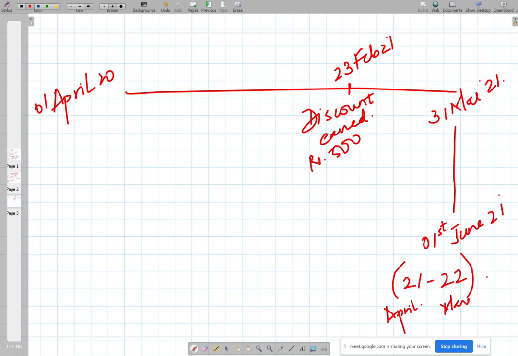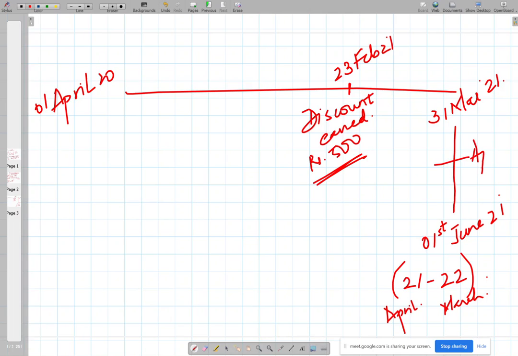So the bank cannot treat this rupees 500 as this year's income. Although it has received it today itself on 23rd February, which falls within the current financial year, the bank still cannot show it in the final accounts as the current year's income. Why? Because the bill is maturing next year, on 1st of June 2021.